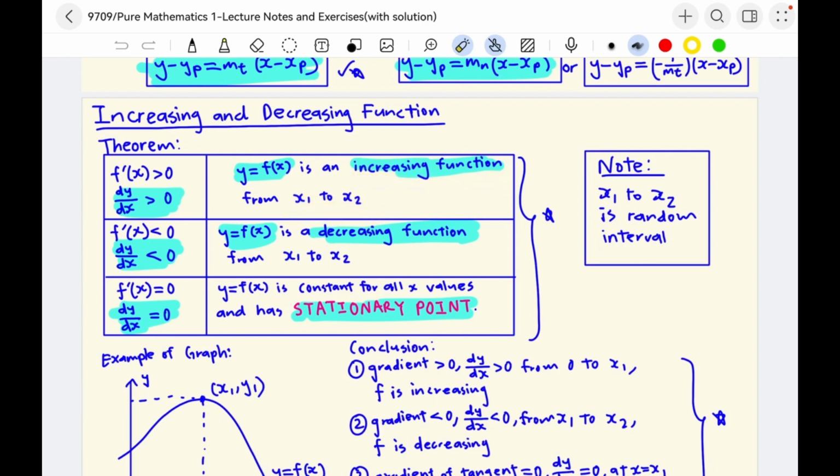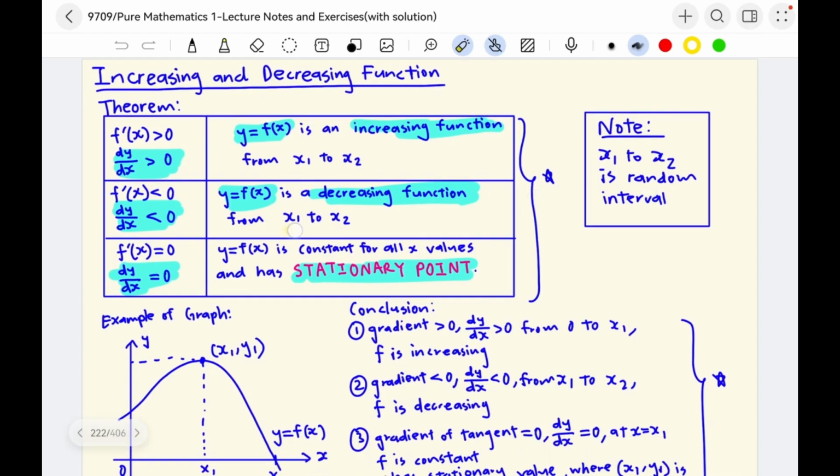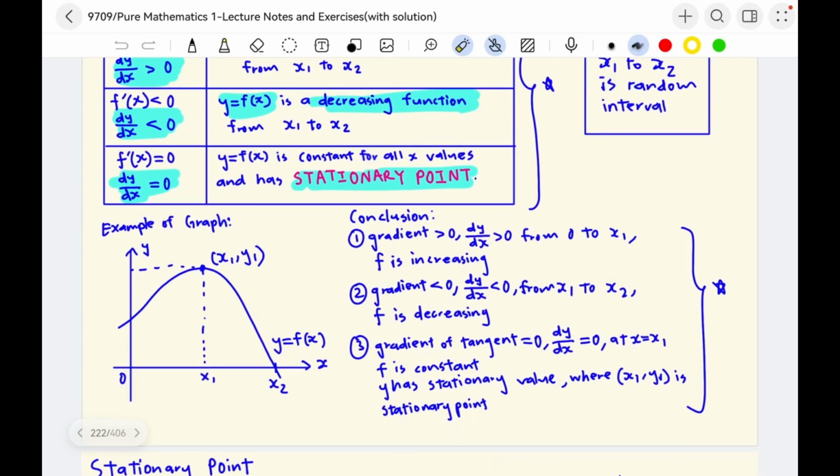And what about decreasing functions? Its gradient is going down, or the gradient is negative, which means the slope of the tangent is a negative slope, from x1 to x2.